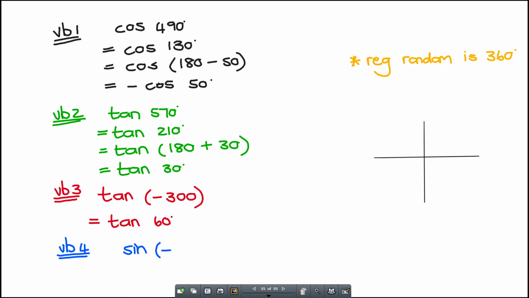Nee, kom. Kyk gou, sin minus 200. Doen gou. Not minus plus. Nee, wat moet jy doen?